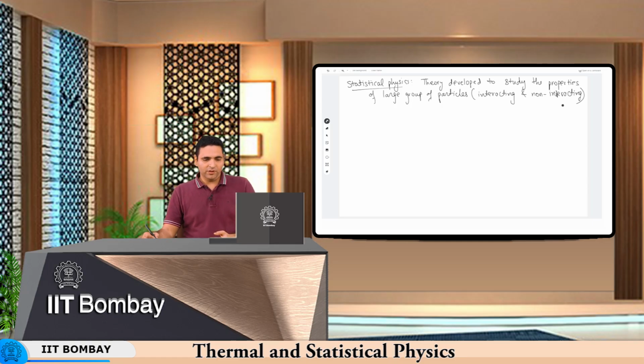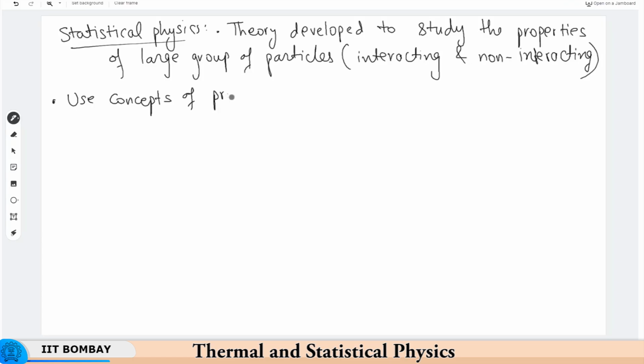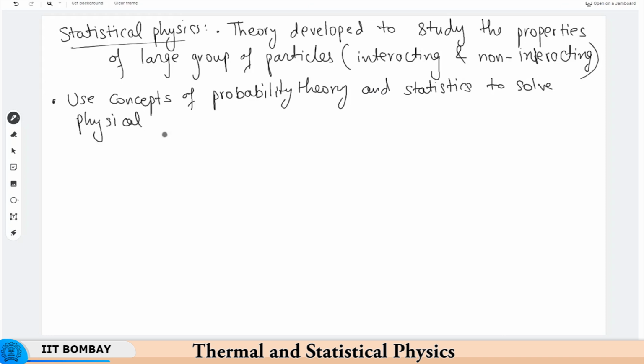And our approach basically will be to use the concepts of probability theory and statistics to solve physical problems dealing with a large collection of particles, for large N systems.